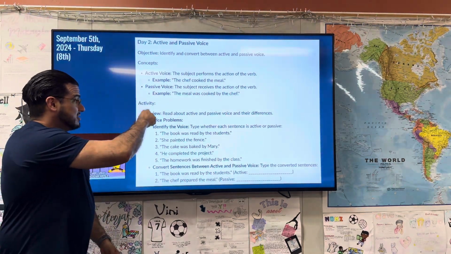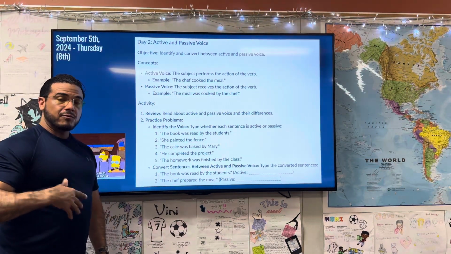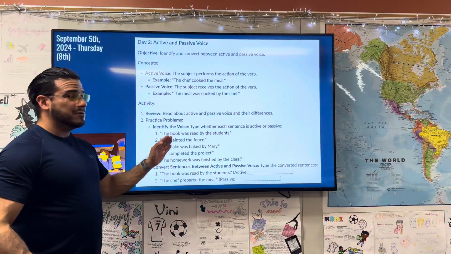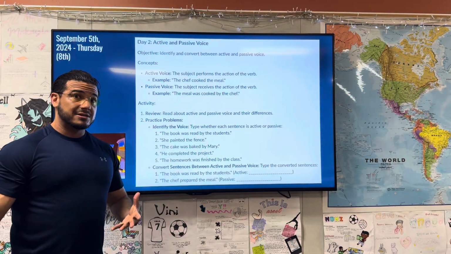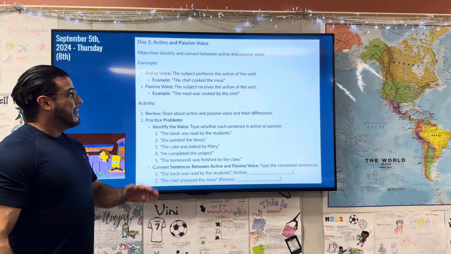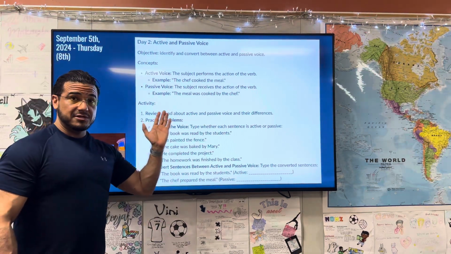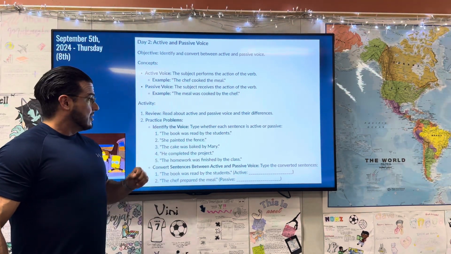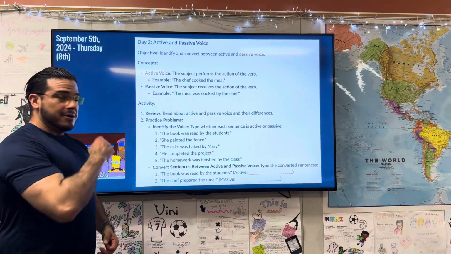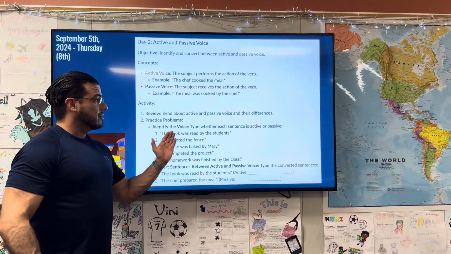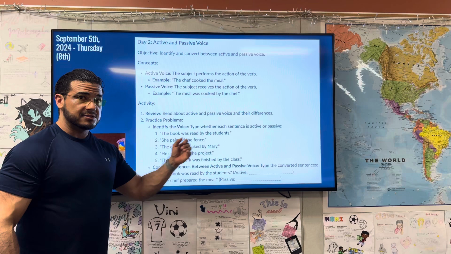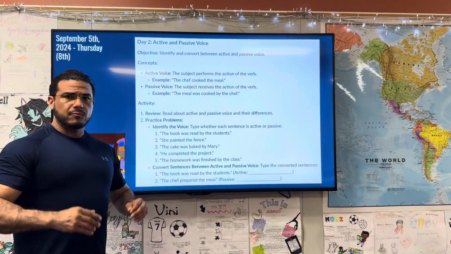Now, for each of these sample sentences, these first five, we're going to try to identify the type of voice that they're in, based on the definitions and the terms we've gone over. So for sentence number one, which reads, the book was read by the students. Ask yourself, again, what's our subject?